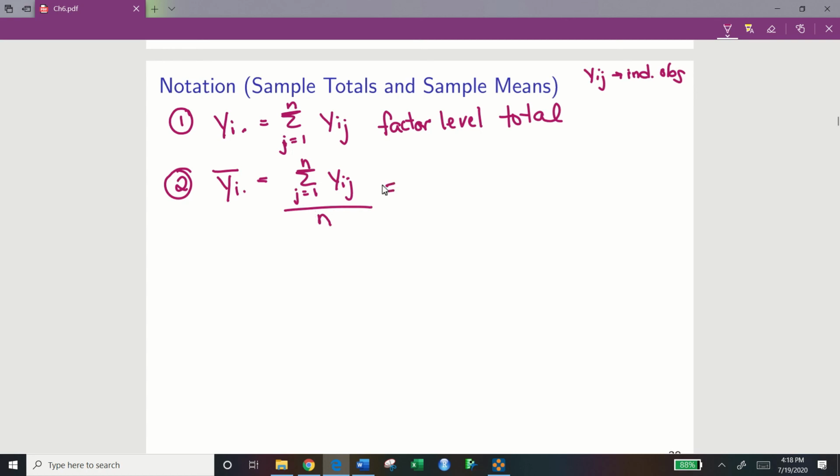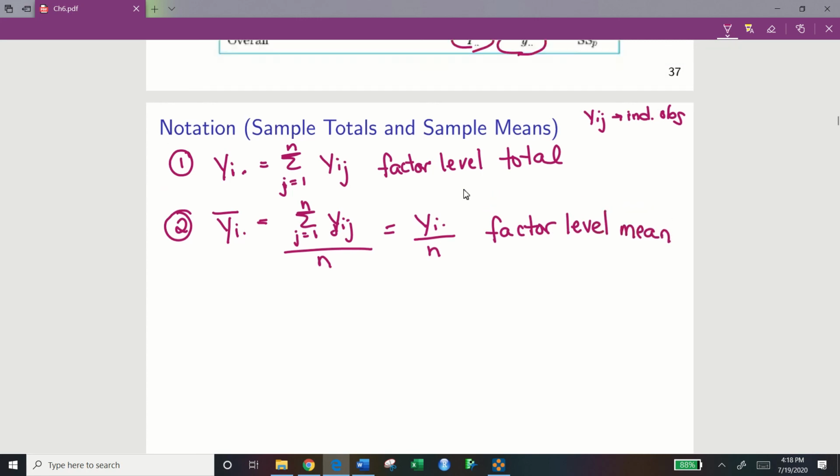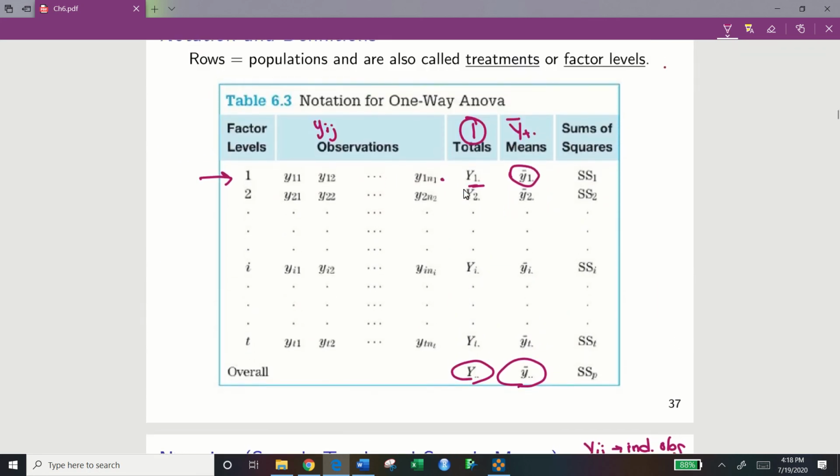This can be simplified using our above notation to be yi dot over n. And again, this is the factor level mean. And we can see this in the column that's currently labeled as means.